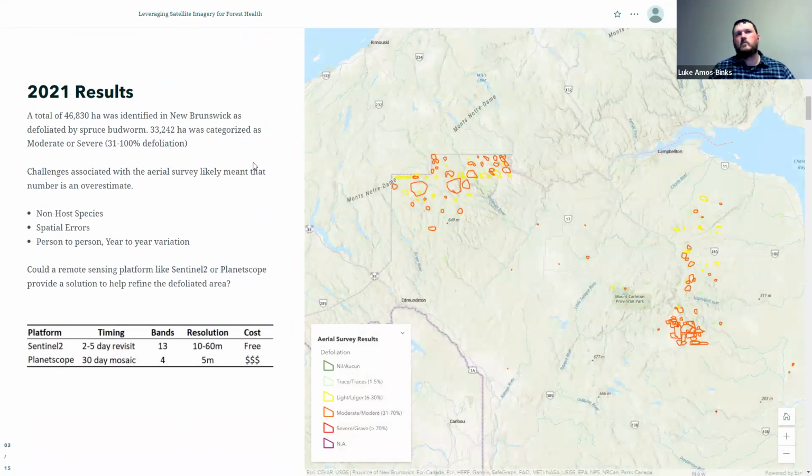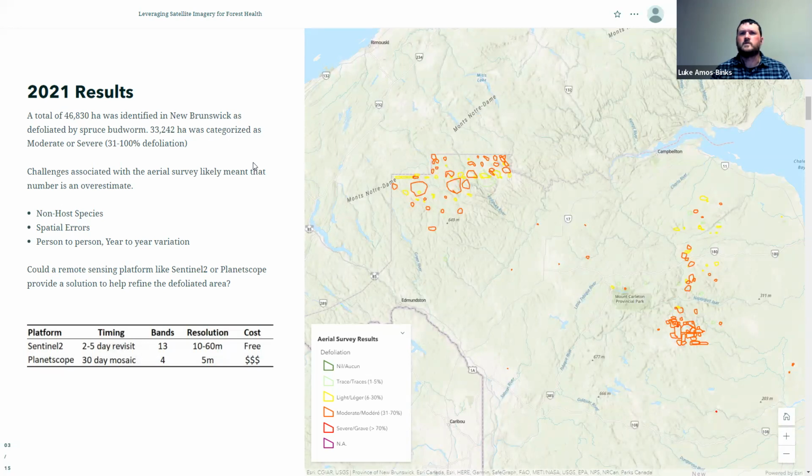So in 2021, the results of the aerial survey showed that we had about 45,000 hectares of defoliation caused by spruce budworm, and about three quarters of this was in the moderate to severe category.